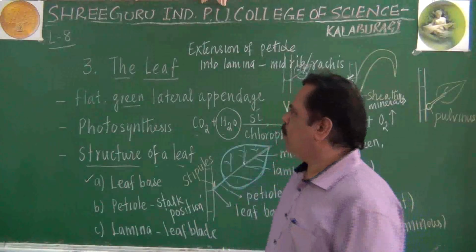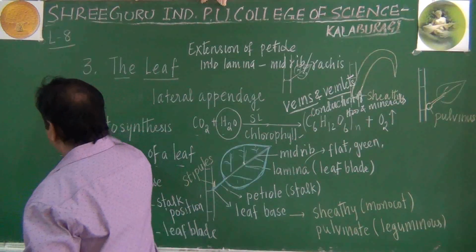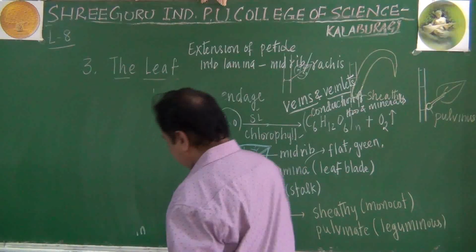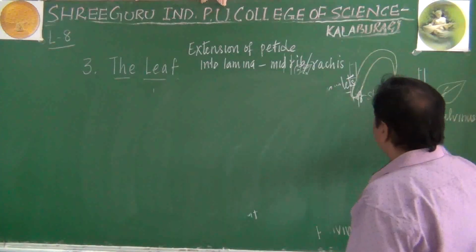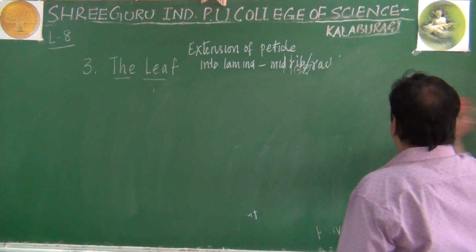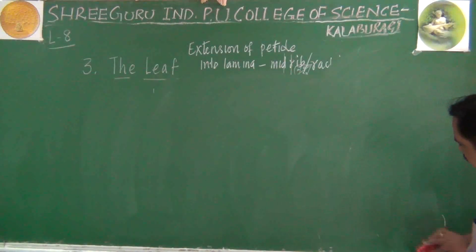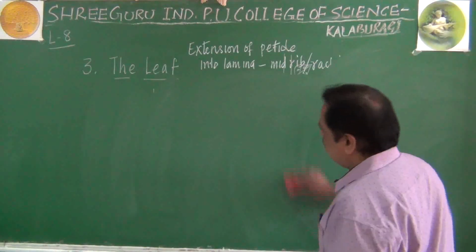Okay, students. So we have seen the definition. We have seen the structure of leaf also. You must know what is called pulvinus. In a leguminous plant, the leaf base will be modified into pulvinus.